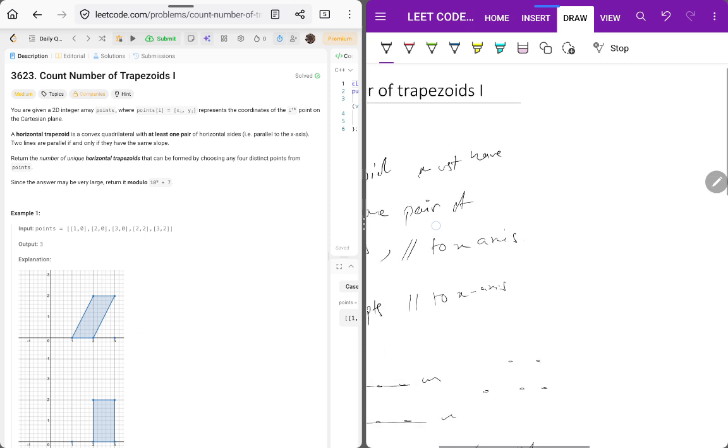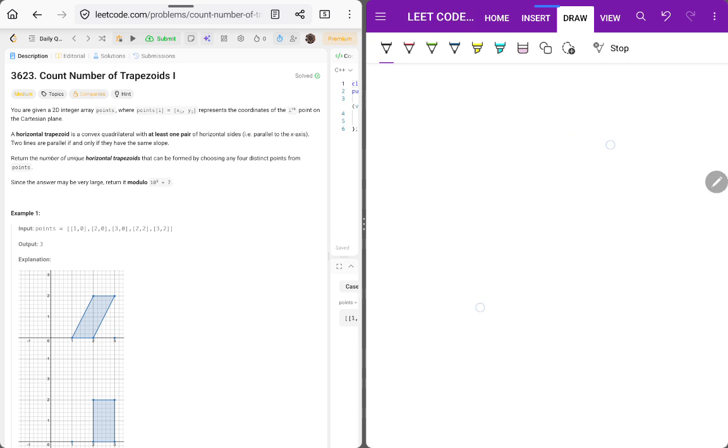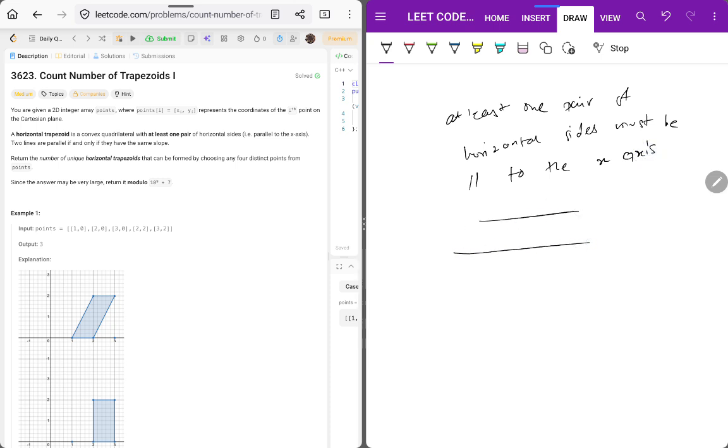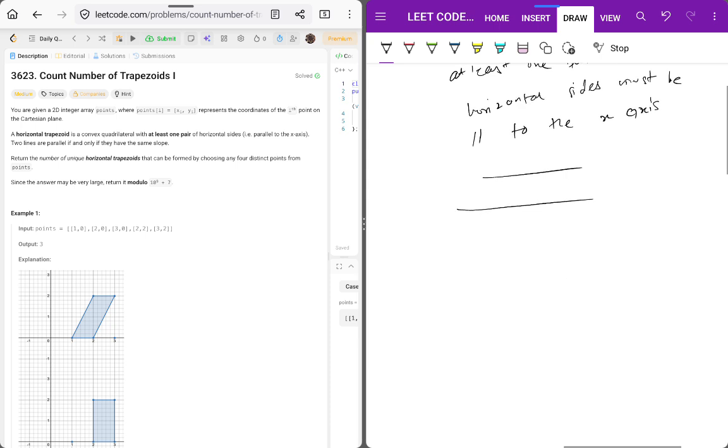So, what this question states is there is a trapezoid. So, what is a trapezoid? That at least one pair of horizontal sides must be parallel to the x-axis, which means that two lines of the trapezoid are parallel to the x-axis.